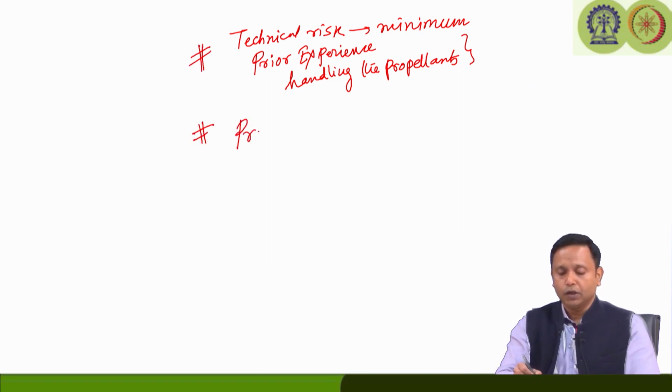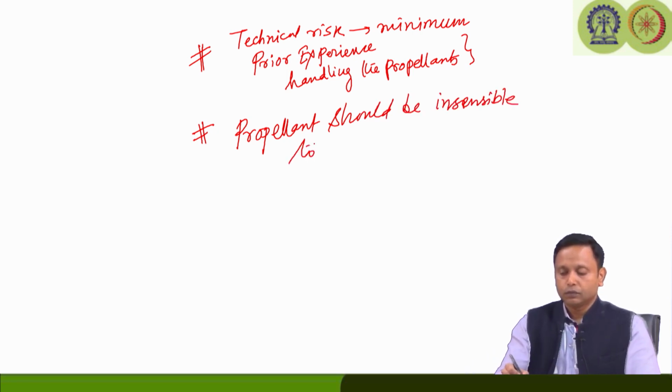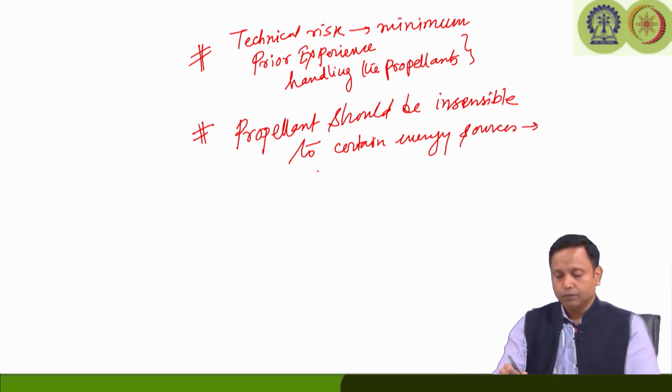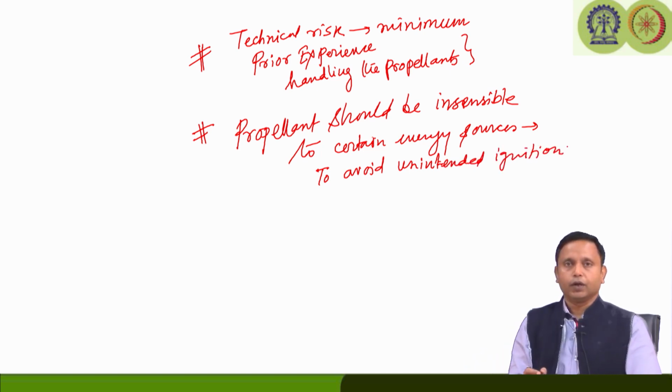So, the propellant should be insensitive to certain energy stimuli or certain energy sources, which we need in order to avoid unintended ignition. Okay. What does that mean?